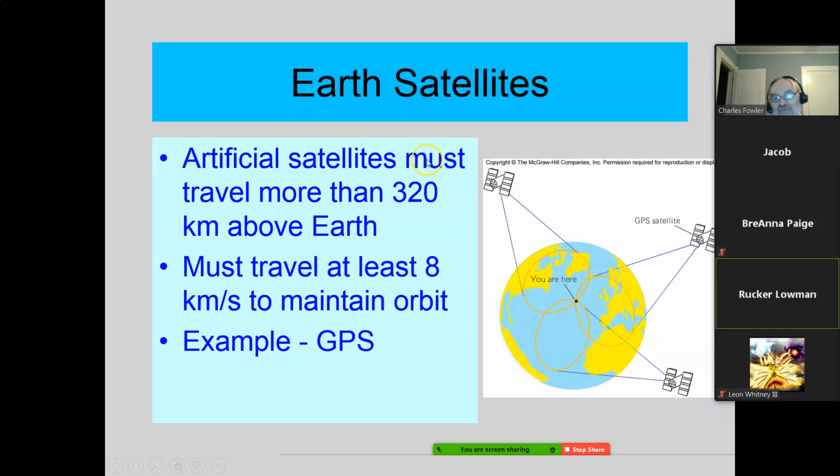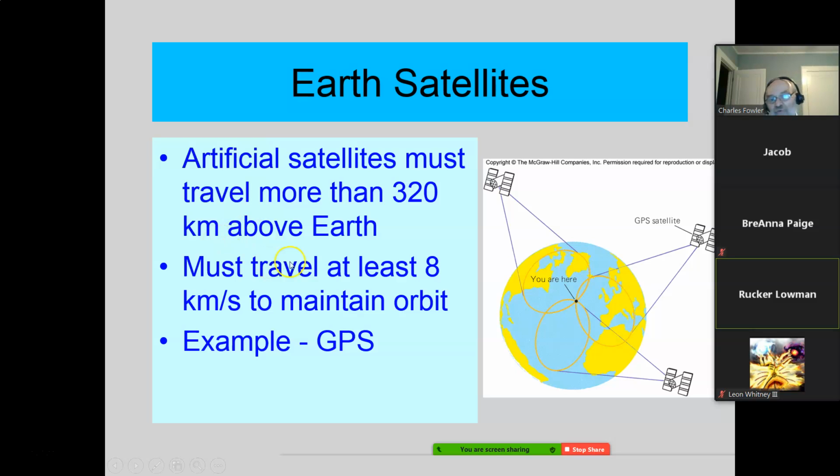Now, in order to stay in orbit, they have to travel more than 320 kilometers above the Earth. Okay? Now if you remember, the Earth's radius in that last problem was 6,400 kilometers. So you really don't have to be that much further, but you have to be quite a bit further, 320 kilometers above the Earth.